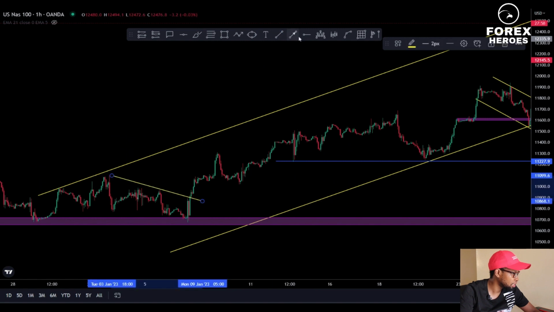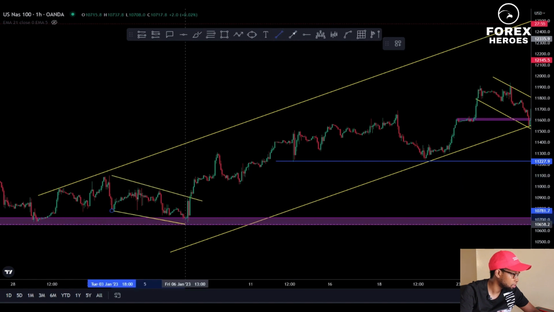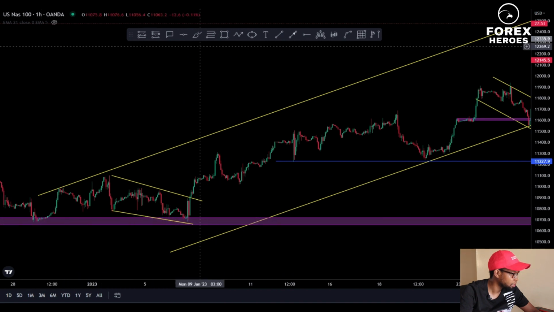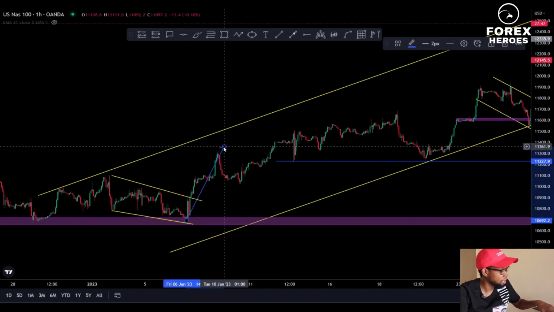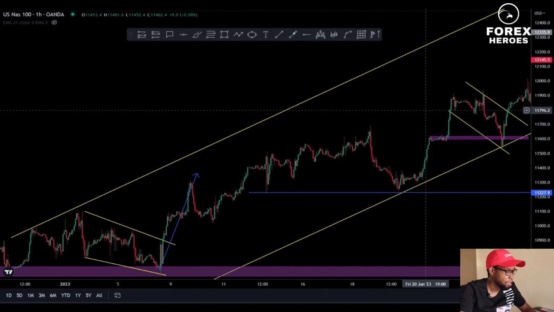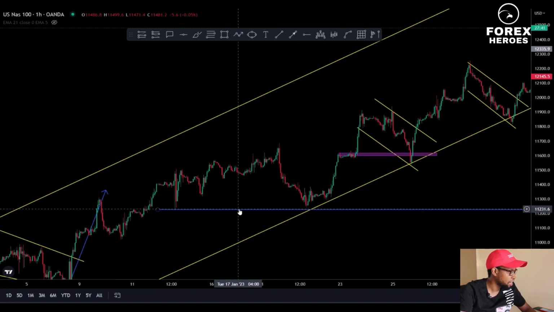Also, looking at this, see, we have this correction, and then here was what? This was the move to the upside. So I want you guys to be able to understand them certain moves that are happening here.